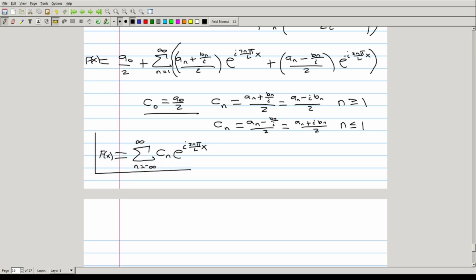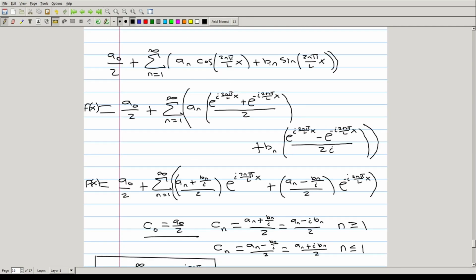Which is a very remarkable formula and is fundamental in understanding where the formula for the Fourier transform comes in when we end up defining that. This is a much nicer formula than this long expression for the Fourier series f of x. So this is going to be very, very useful to us.